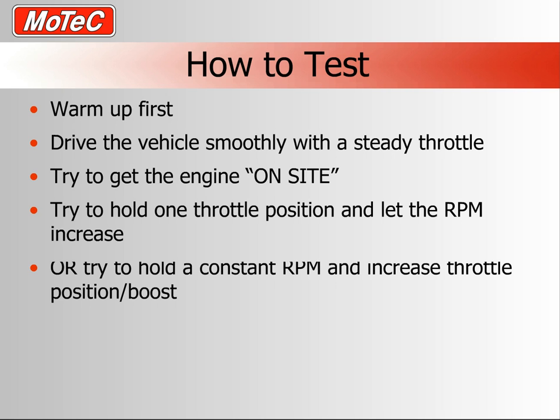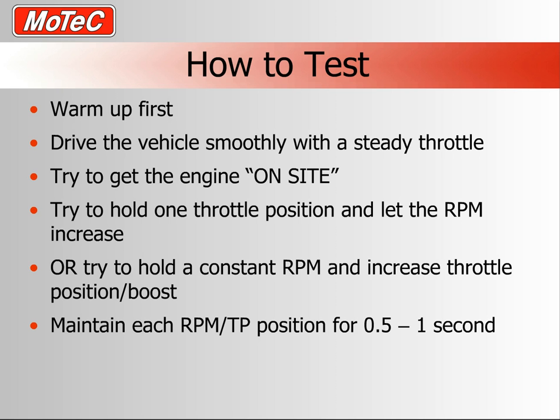The other way you can do it is to try to hold a constant RPM and increase the throttle position slowly. So by riding the brake, which is probably not the best idea for the brakes, you can hold it at, say, 3,500 RPM and then slowly put your foot down.